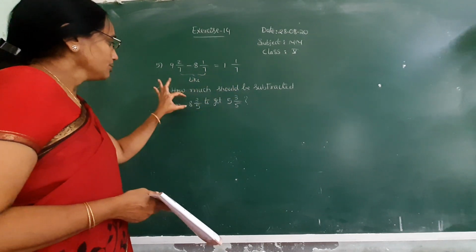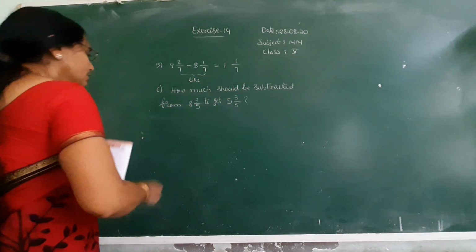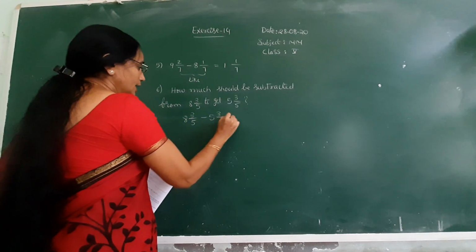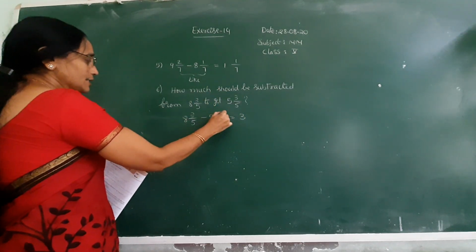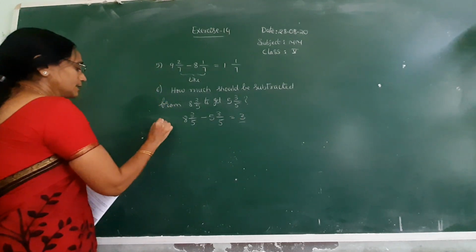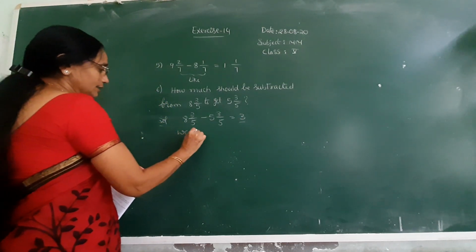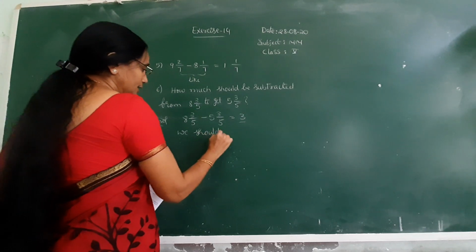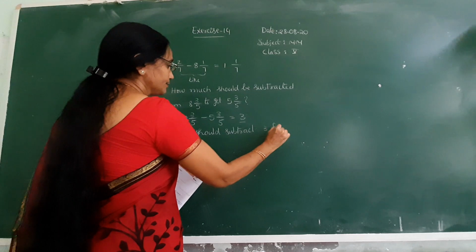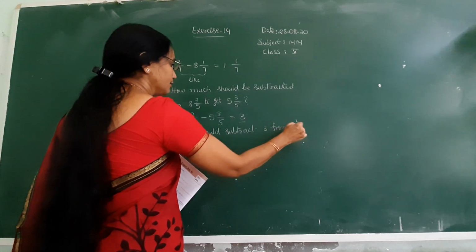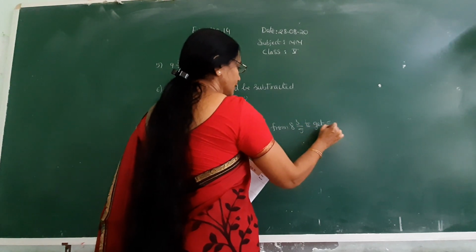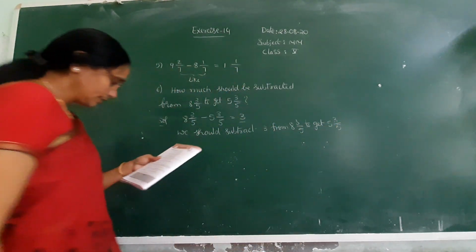Observe here. So the whole part difference is 3. Okay, you have to do it like this. 8 3 by 5 minus 5 3 by 5. 8 minus 5 is 3, 3 minus 3 is 0 by 5, that is 0. 3 plus 0 is 3. You should subtract 3 from 8 3 by 5 to get 5 3 by 5.